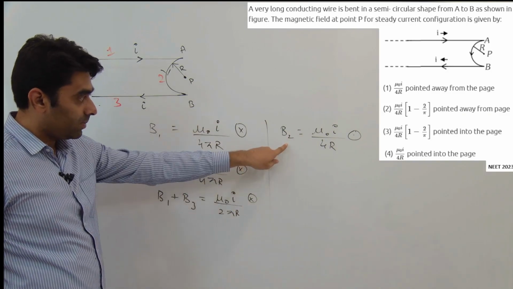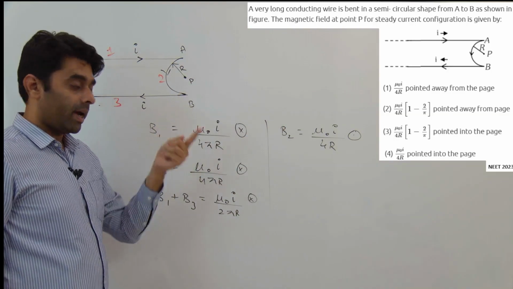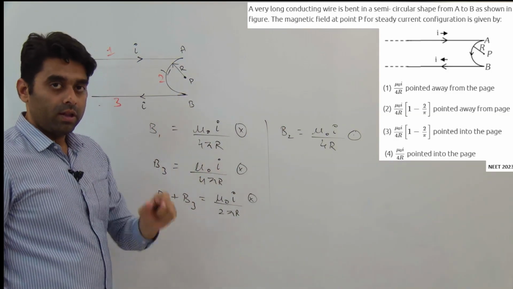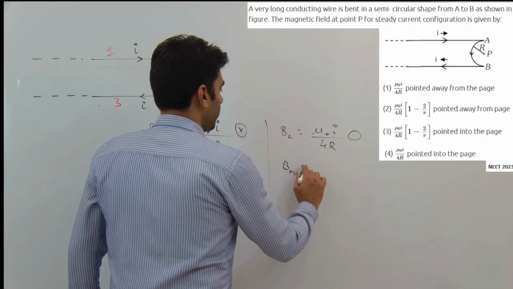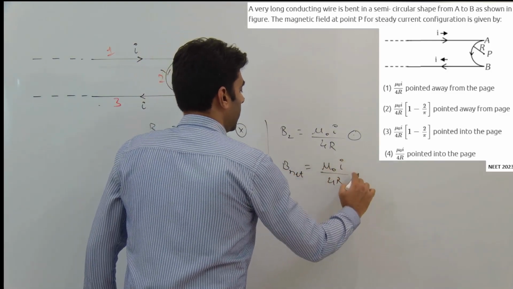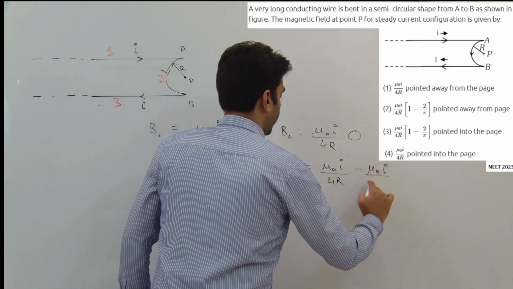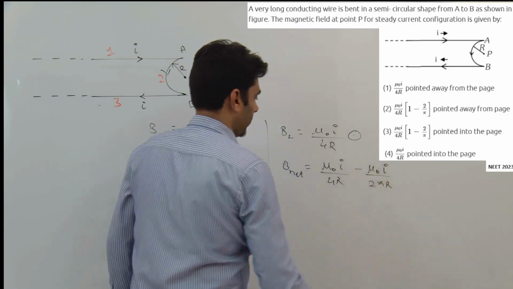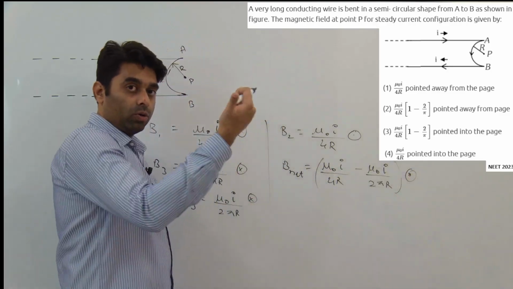As you can notice, the magnetic field produced by your semicircular wire is more in magnitude as compared to this one. Therefore our net magnetic field B net will be mu naught I by 4r minus mu naught I by 2 pi r, right? Direction will be outward, out of the plane.